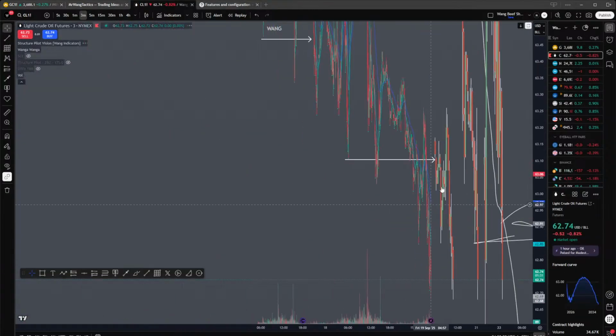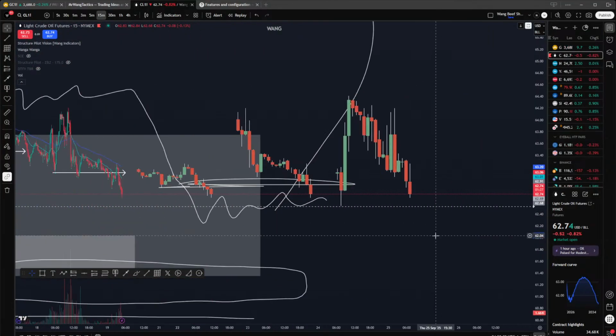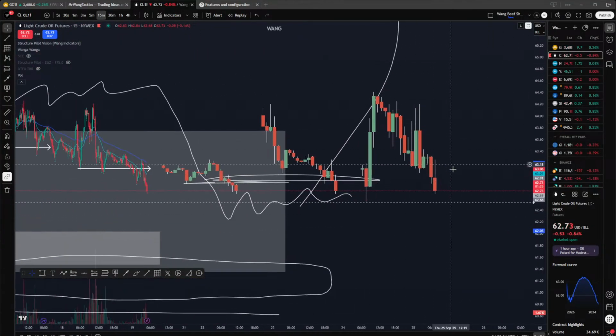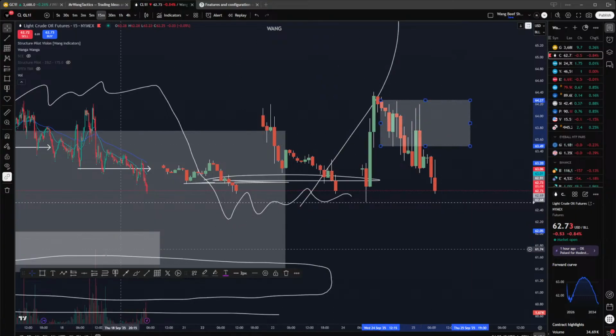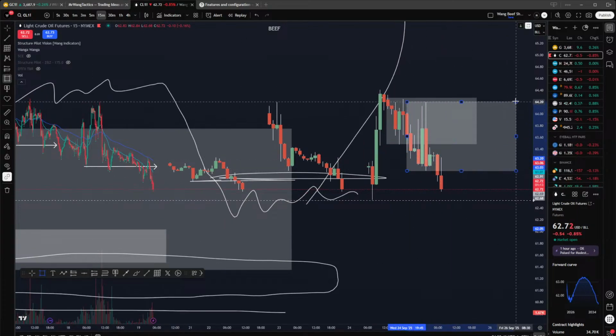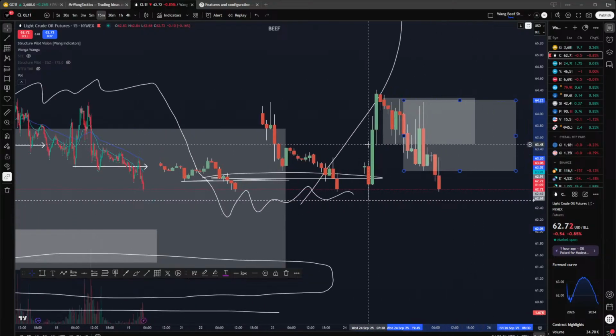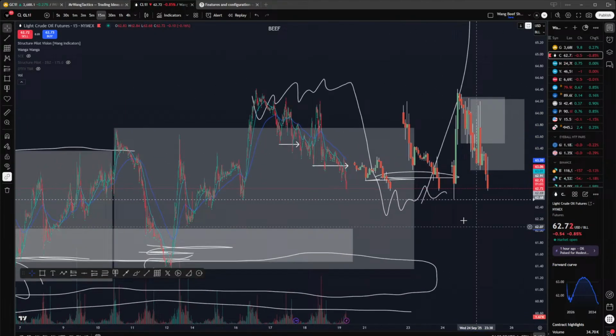Let me see. Oil. Nothing has appeared. You see those pullbacks on the high time frame candles? Those are swings. This one, that one. Yeah, let's see from where we can get something here.